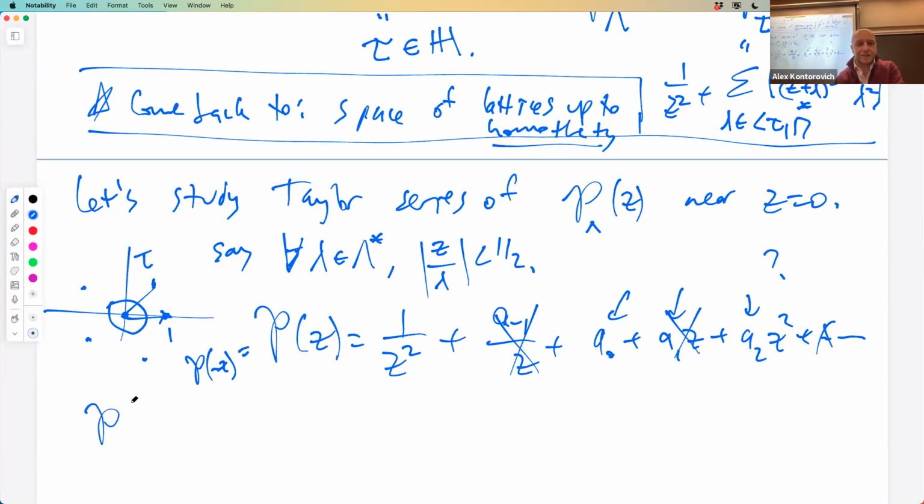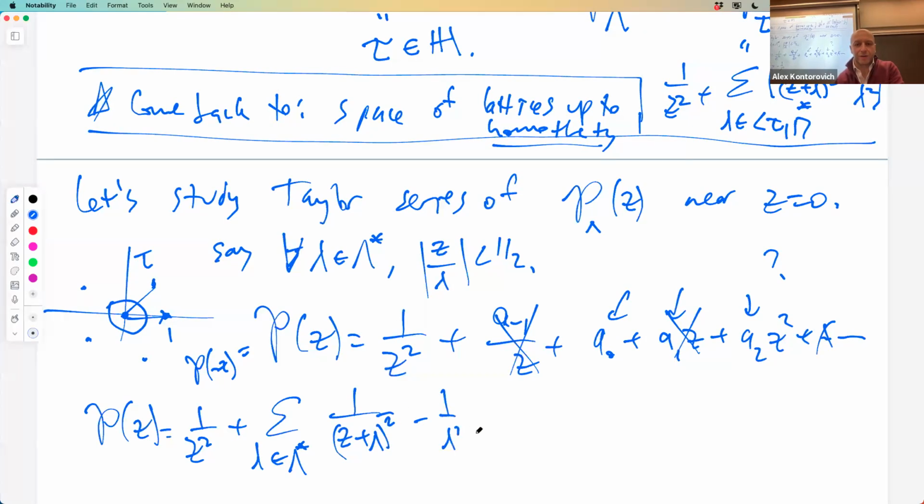Well, P of Z, again, let's put the definition, which is what I was starting to do, is a sum over lambda in the lattice. And then we have this 1 over (Z plus lambda) squared minus 1 over lambda squared. We can write here Z plus lambda or Z minus lambda. It doesn't matter because the lattice is symmetric about the origin.